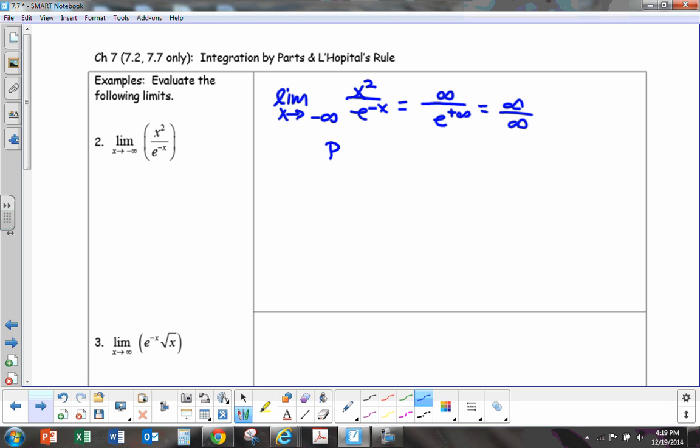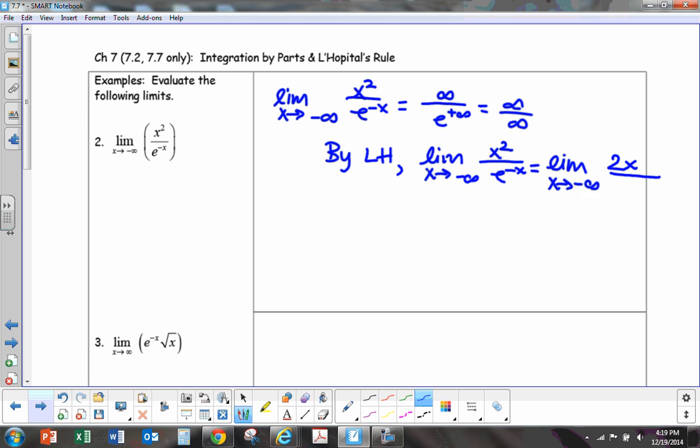So, by L'Hopital's rule, and I'm just going to abbreviate for right here, the limit as x goes to negative infinity of x squared over e to the negative x is equal to the limit as x goes to negative infinity. And I'm going to take the derivative on the top, so I get 2x, over derivative on the bottom, I get e to the negative x.